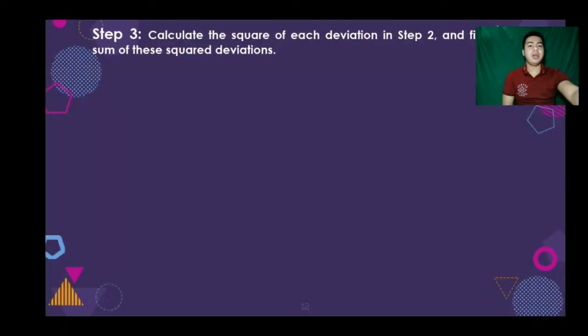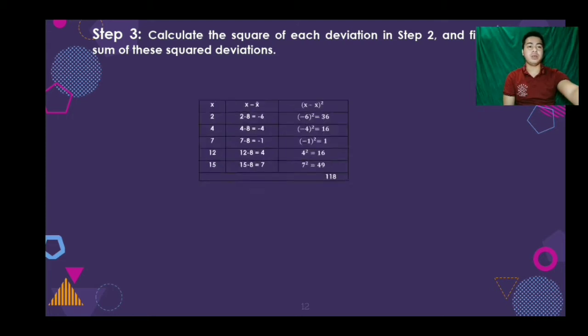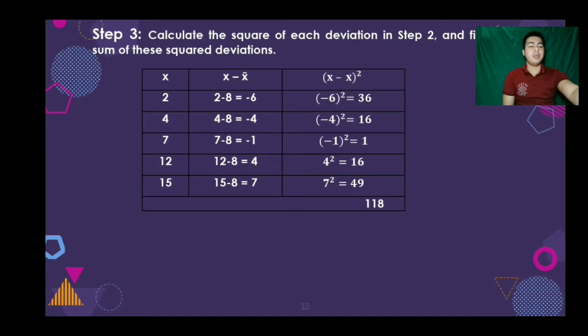Our step 3 is calculate the square of each deviation in step 2 and find the sum of these squared deviations. So let us copy the x, 2, 4, 7, 12, and 15. And in step 2, we now have x minus mean equals negative 6, negative 4, negative 1, 4, and 7.